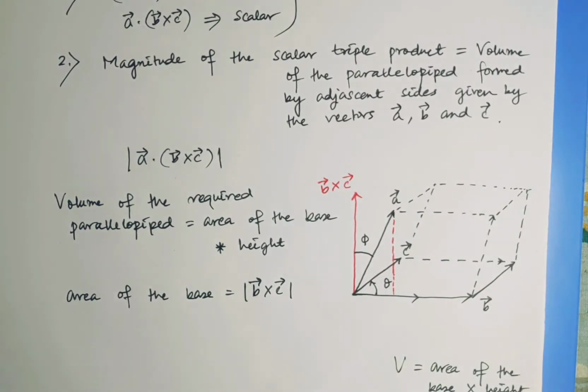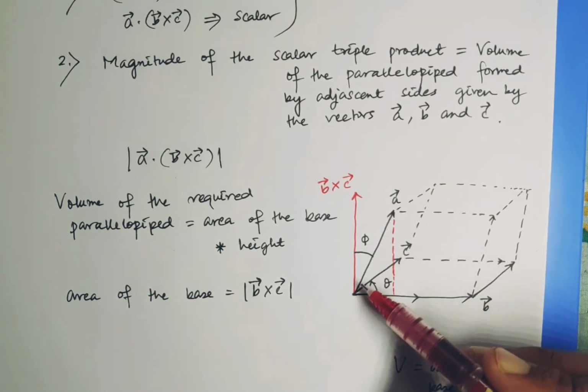Now how to find the height? It's very, very simple. We have discussed this one in one section. Okay, fine, I will give you a hint. We'll do it with the help of a projection. This is our A vector, right?